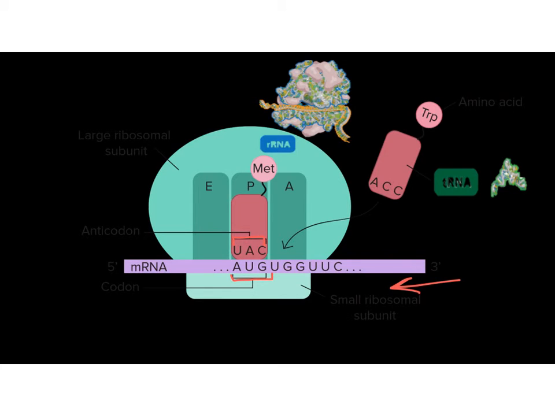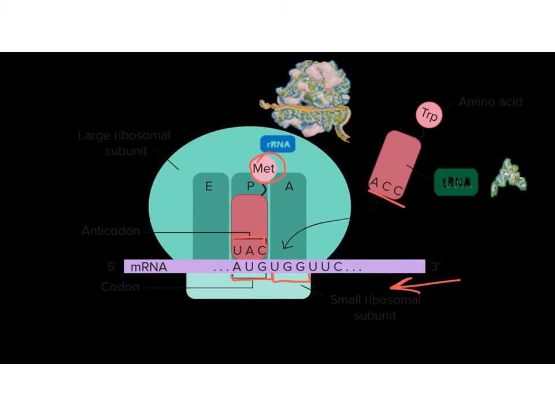So what happens is this feeds into the ribosomal RNA. Ribosomal is our only non-coding type of RNA. So what happens is this anticodon is attached to an amino acid. In this case, UAC codes for an amino acid, Met. And then the next codon, which is the next set of 3, is UGG.